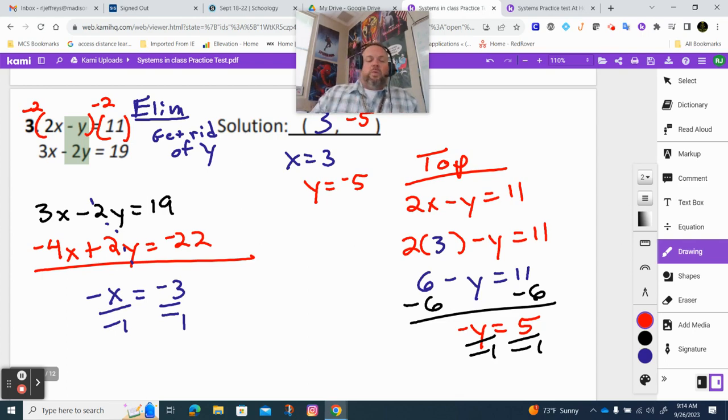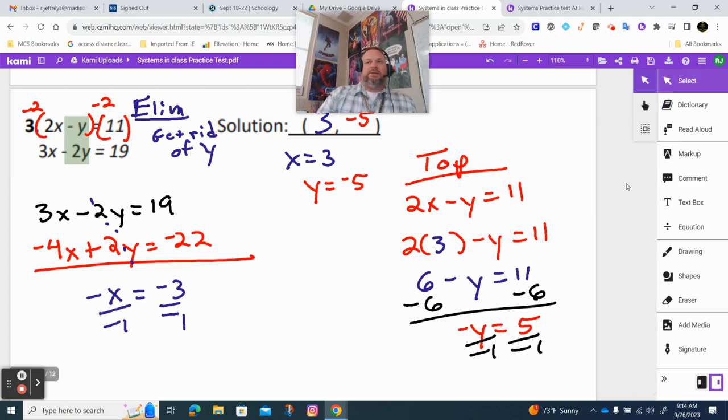We want to choose the path of least resistance, or in other words, what's easiest? So that was number 3.